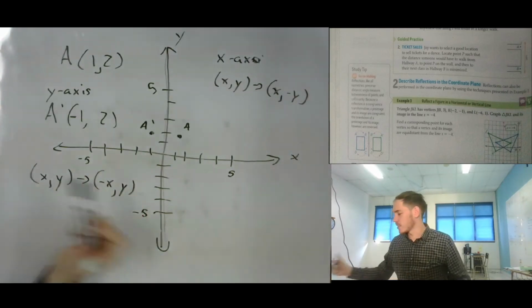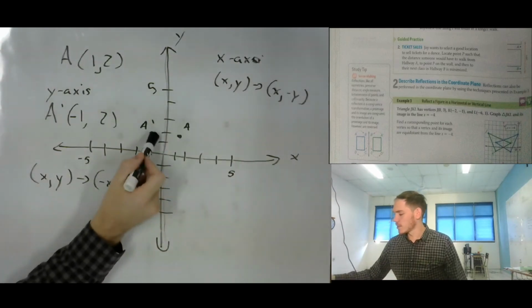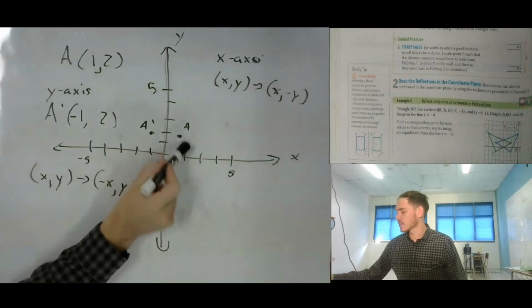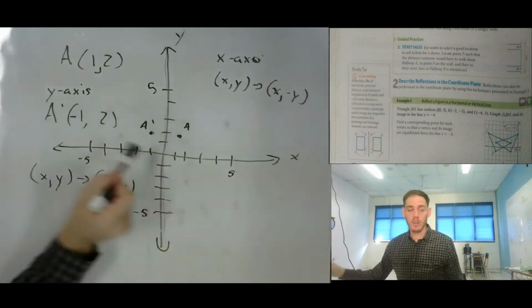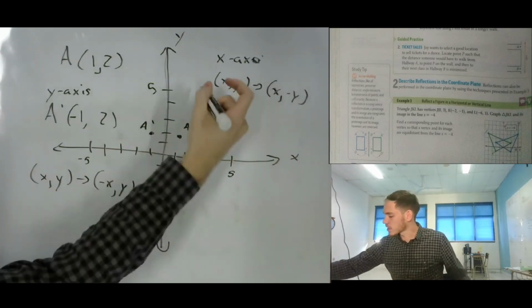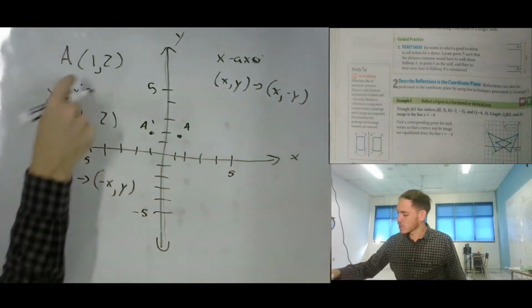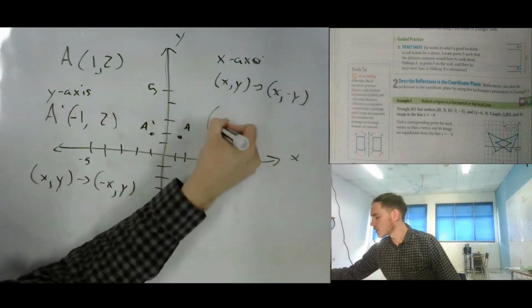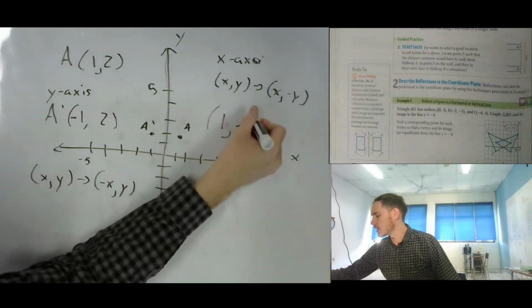So, y-axis here is going to flip it this way, horizontally. So, x-axis is going to flip it vertically. Okay? So, this reflection, so just as this one changed the x to be negative, this one is going to change the y to be negative.